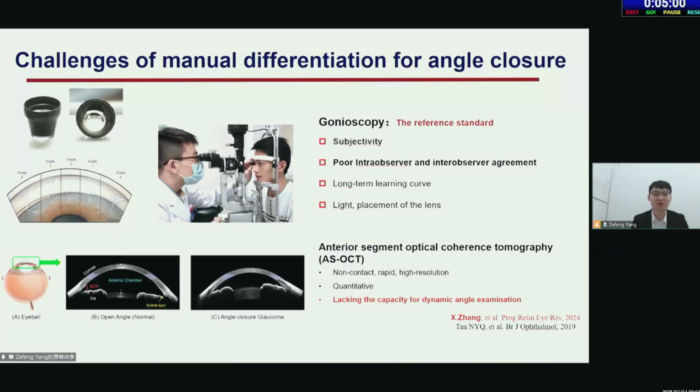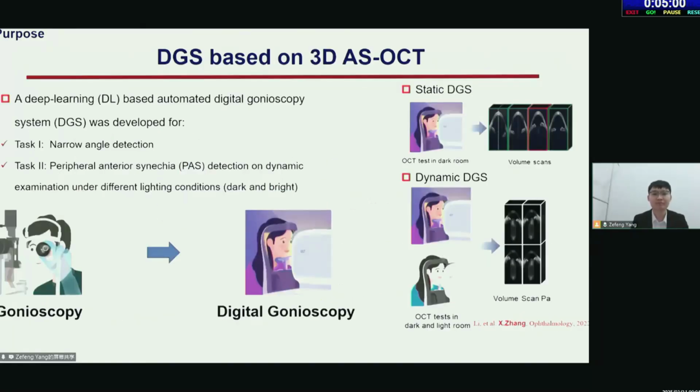There is a long learning curve involved, and the light source and the lens placement can introduce variability. With the development of ASOCT, it offers a powerful imaging solution with the advantage of being non-contact, rapid, and high resolution, but it lacks the ability to detect the angle dynamically.